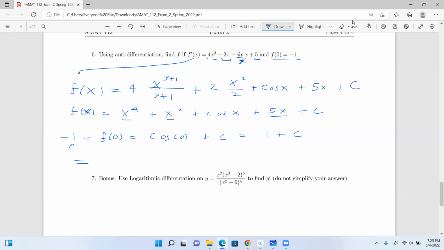So we have that 1 plus c is equal to -1. Then I can solve for c to get that c is equal to -2. And then you can say that f of x is equal to x to the 4th plus x squared plus cosine x plus 5x minus 2. And that will be the answer.